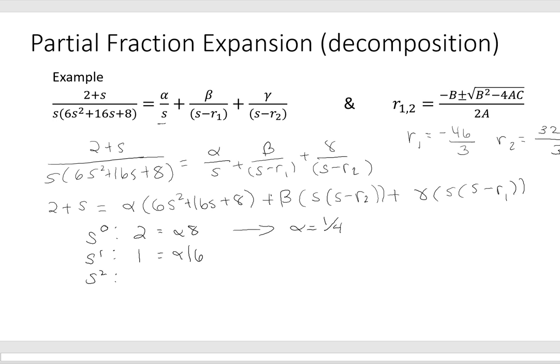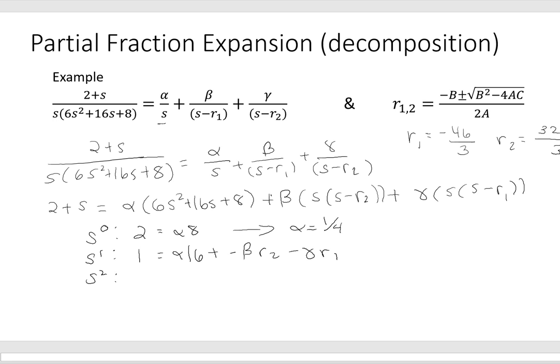Notice I'm not writing the s's here. It's just a way to find those alpha, beta, gammas. In the second term, I have negative beta times R2. And in the third term, I have negative gamma times R1. Also remember that I already know what alpha is, so that's not an unknown.